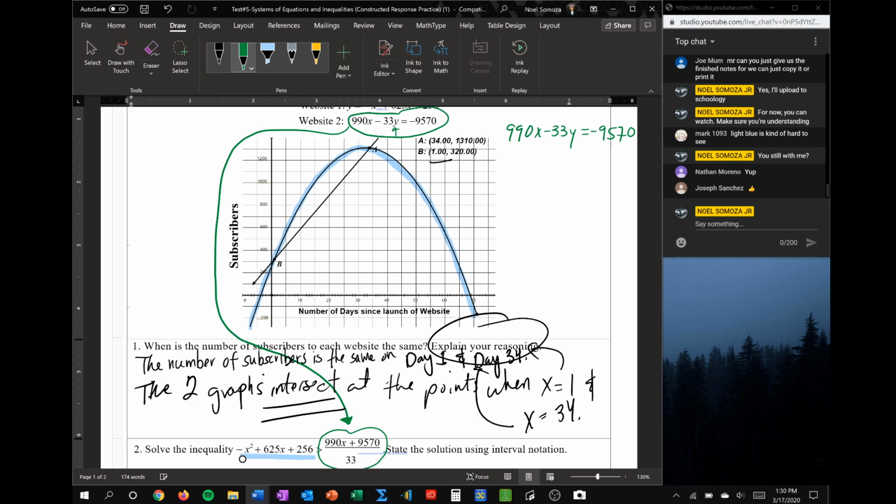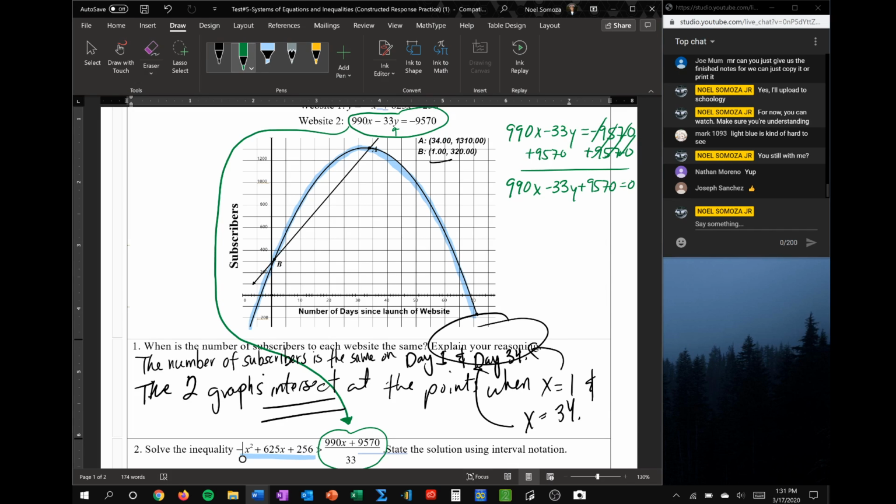We can add 9570 to both sides. You get 990x minus 33y plus 9570 is equal to 0, because this cancels. But you don't want to have x and y on the same side.